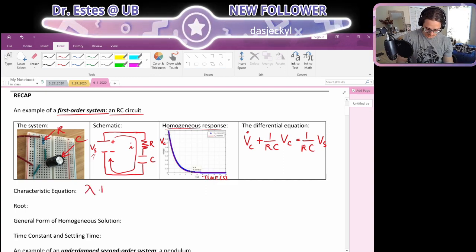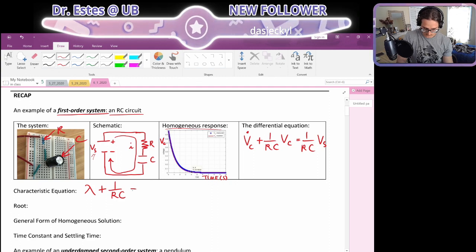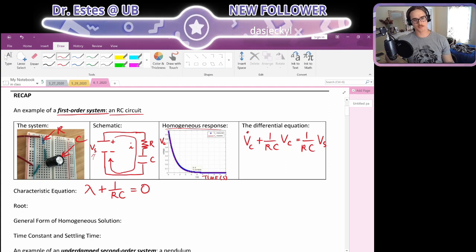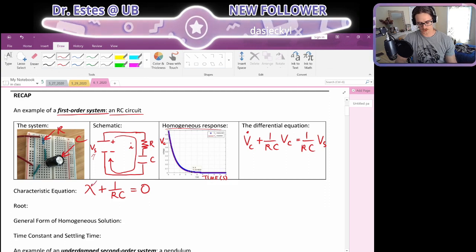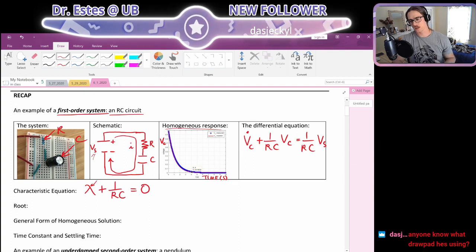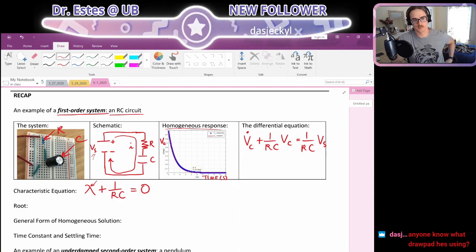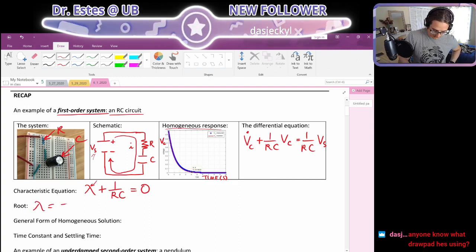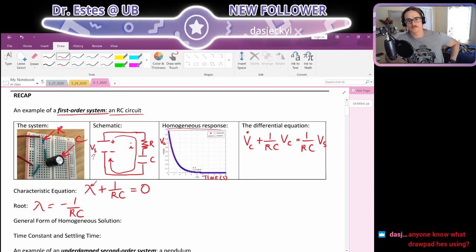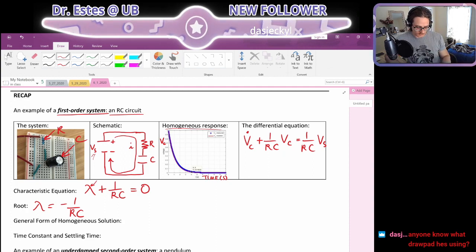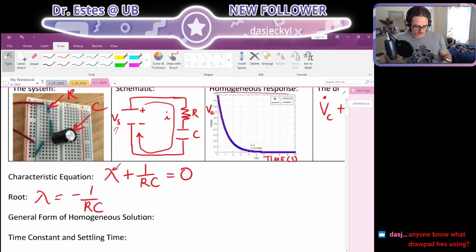So if I skip some steps here, that's our characteristic equation. Lambda plus 1 over RC equals 0. If you solve for the root, which is lambda, lambda is minus 1 over RC. So this is just a real number.